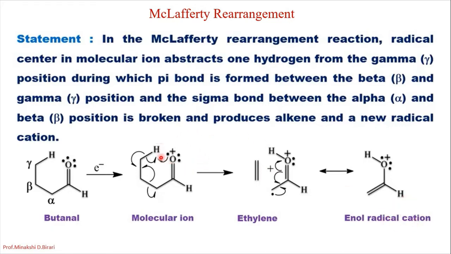There is a formation of a six-member transition state and the transfer of gamma hydrogen. It involves the cleavage of the alpha-beta bond followed by transfer of gamma hydrogen atom. And in the McLafferty rearrangement, the elimination of a neutral atom occurs.